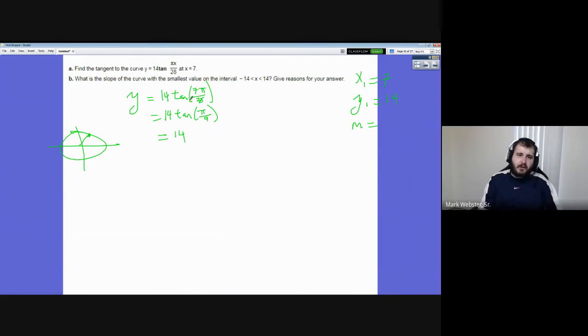And now all I have to do is take the derivative and find my slope at 7, right? So let's take the derivative. We've got y prime equals 14 times, what's the derivative of tangent? Isn't that secant squared?